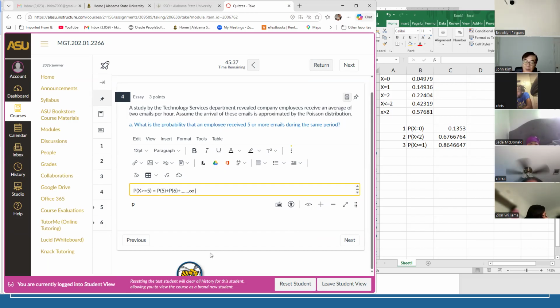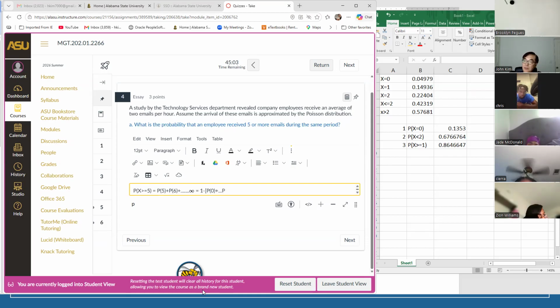So it is the same as 1 minus the probability from 0 up to 4, because it started from 5.